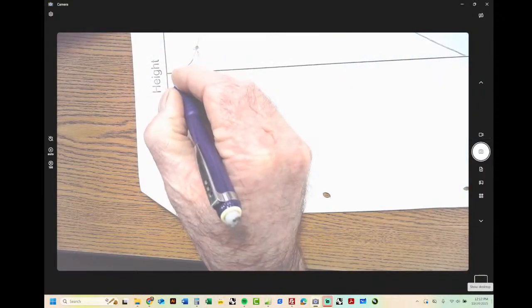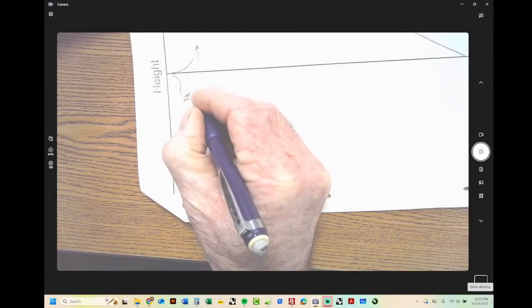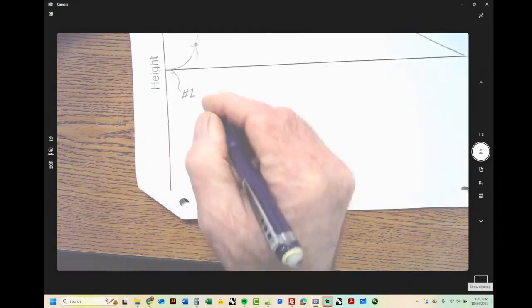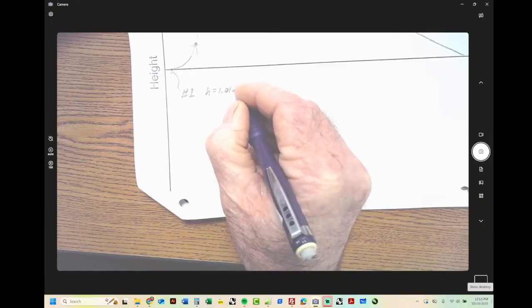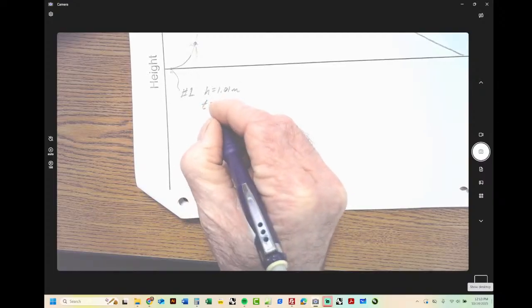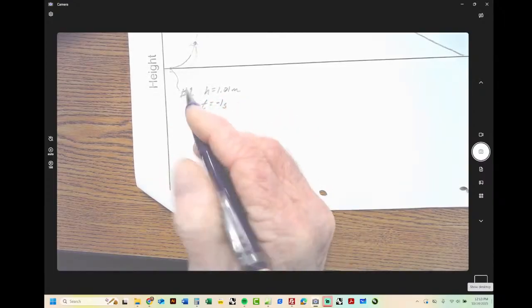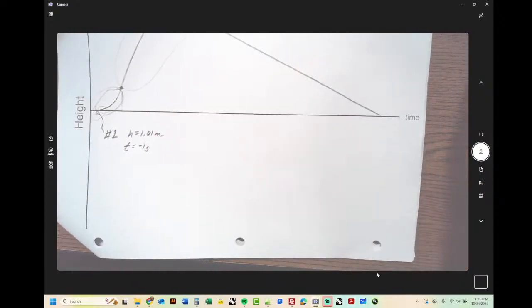So you would just label this number 1, and then you would give X and Y data. The height is 1.01 meters, and the time is -1 seconds. And you do that for every one of those 8 snapshots.